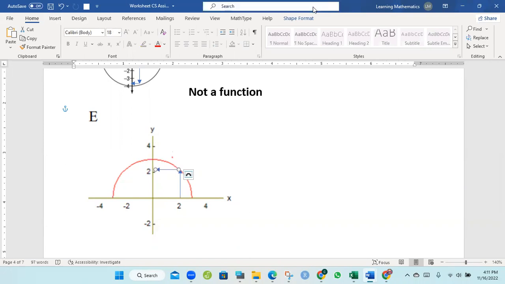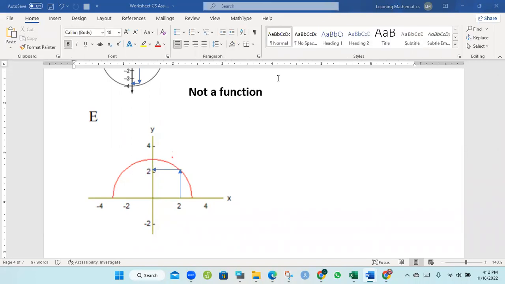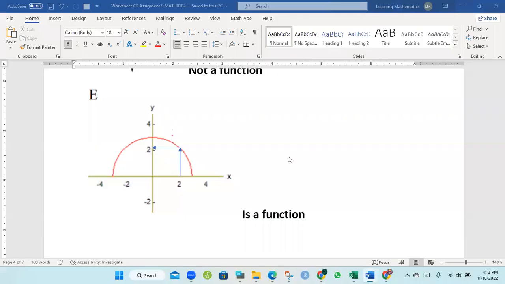And if you follow the pattern, that appears to be the case for all the x's. Each of them have only one y. So clearly, E is a function. So because each x for E has only one y, E is a function.